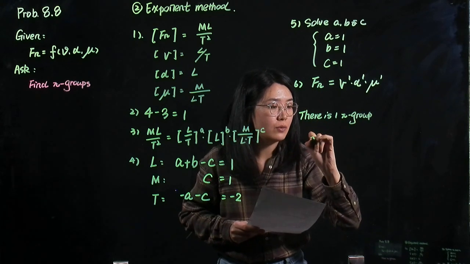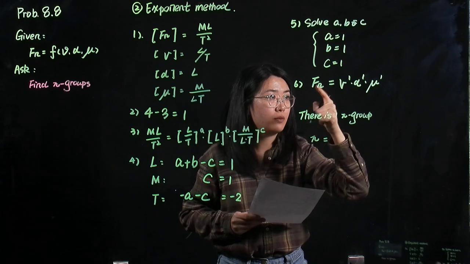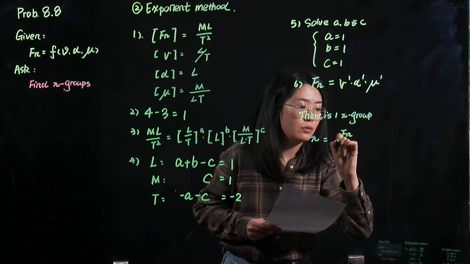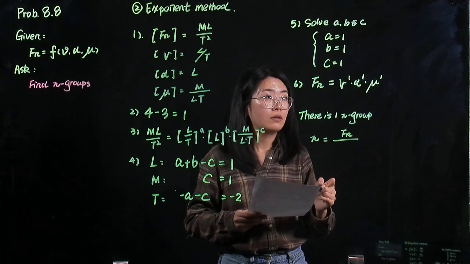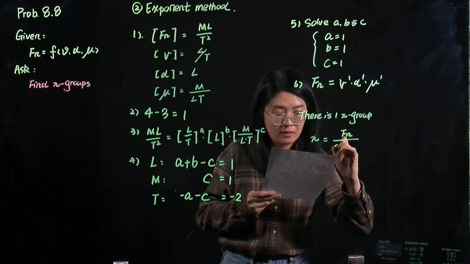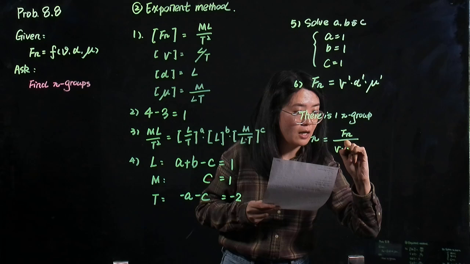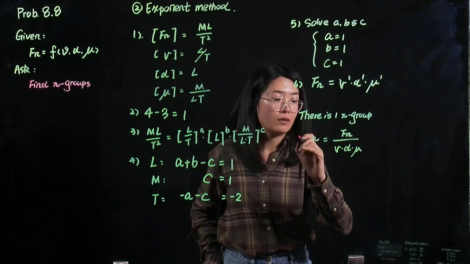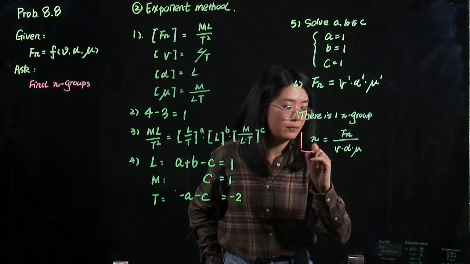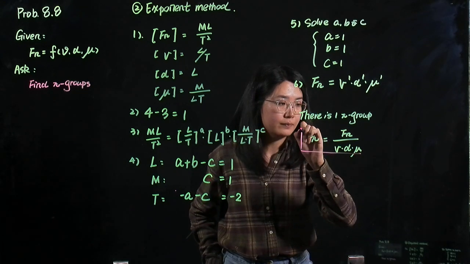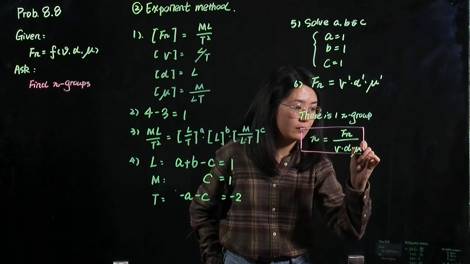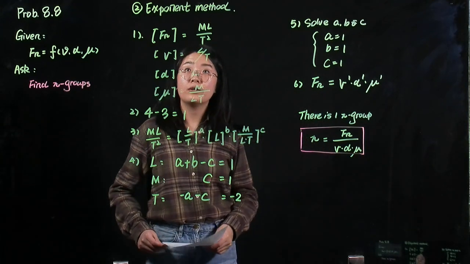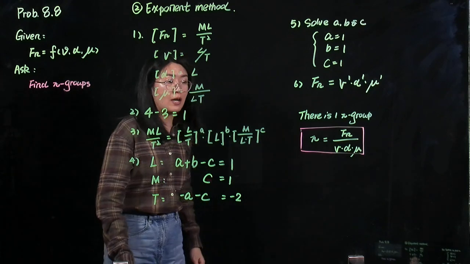If we put it on the right-hand side, it equals V times D times mu. Okay, so this is the result, where we used the exponent method to solve this problem.